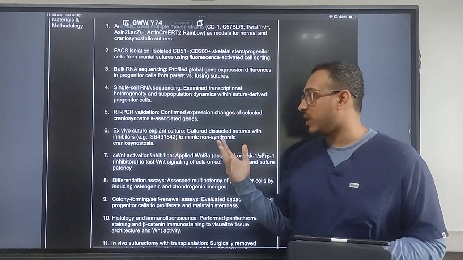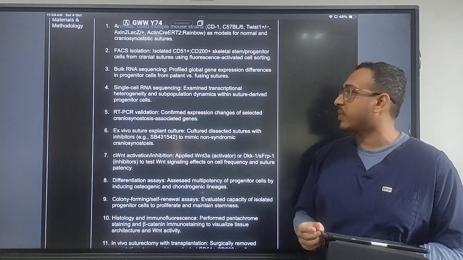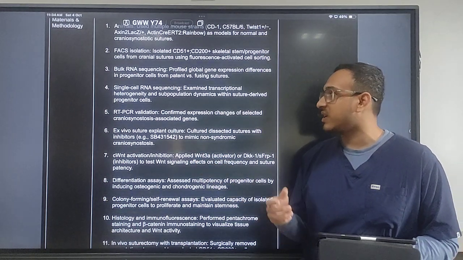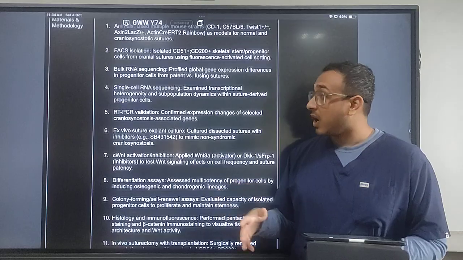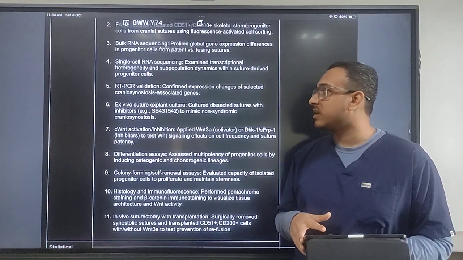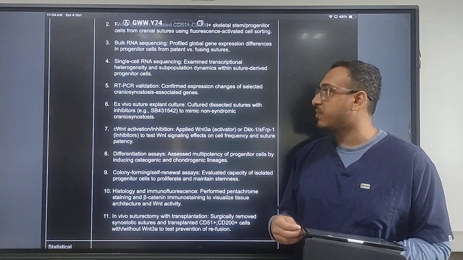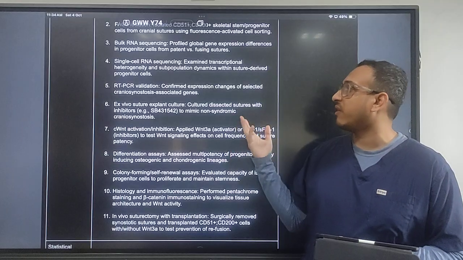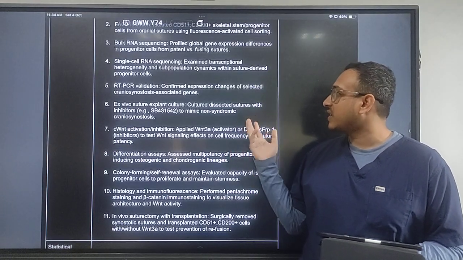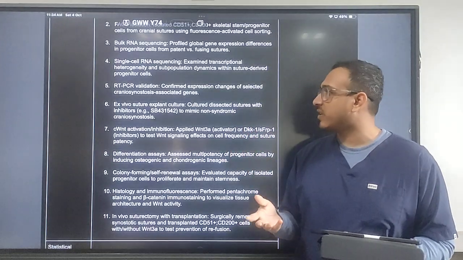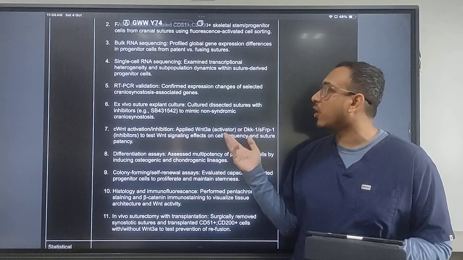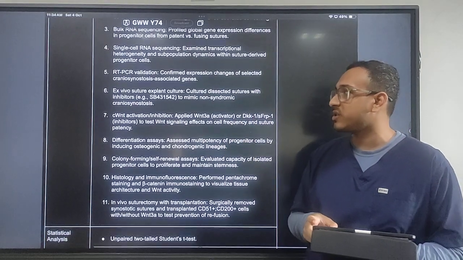They did RT-PCR validation to confirm the expression changes of selected craniosynostosis associated genes, and the ex vivo suture explant culture, where they cultured the dissected sutures with inhibitors to mimic non-syndromic craniosynostosis.